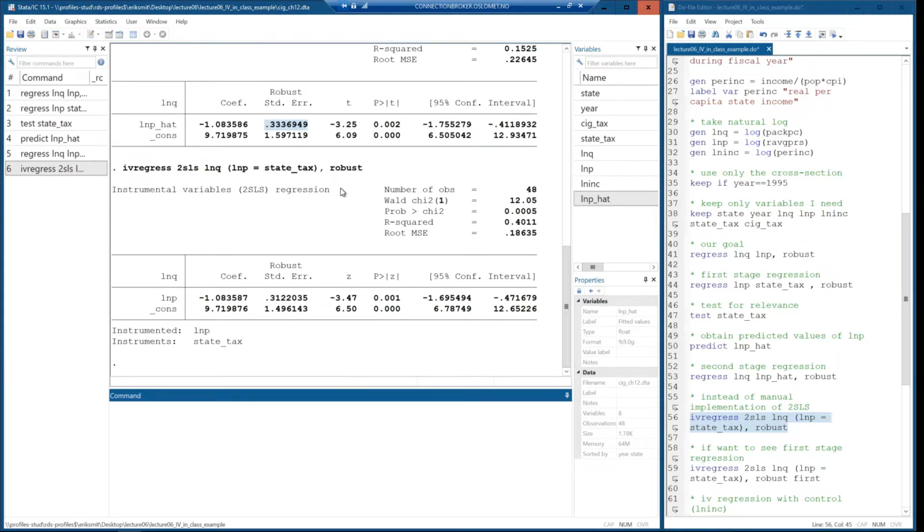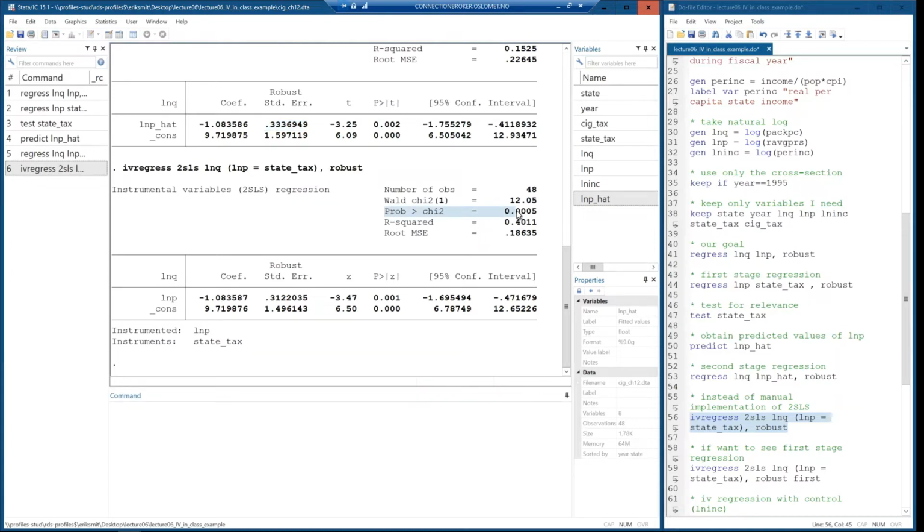So if we look here, we have the second stage regression results, and we look at the F-test, and we see that the model has explanatory power, so we can use the model.